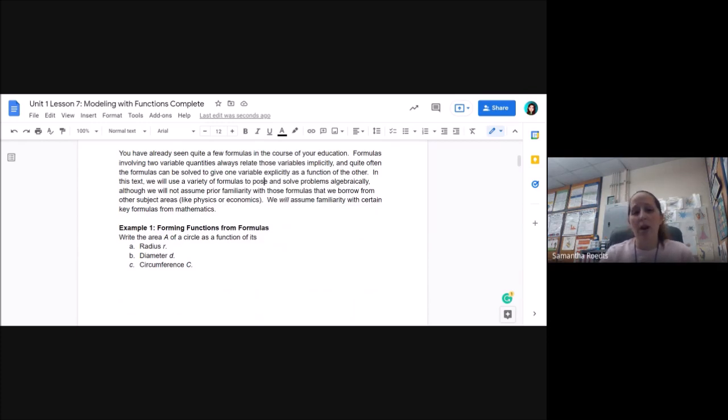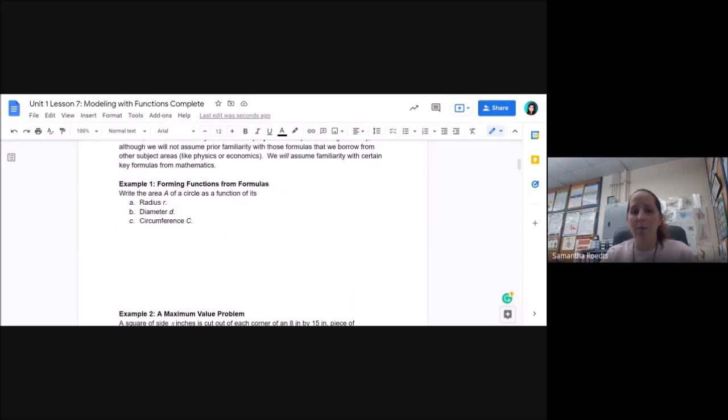So example 1, forming functions from formulas. Write the area A of a circle as a function of its radius r, diameter d, circumference c.